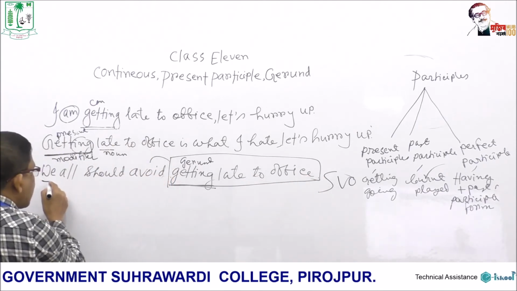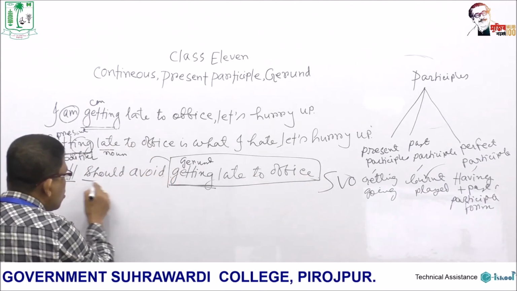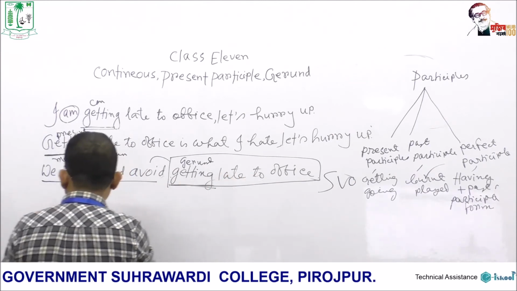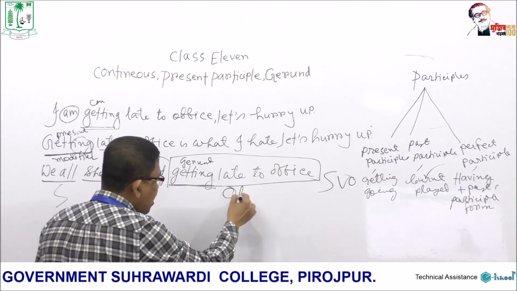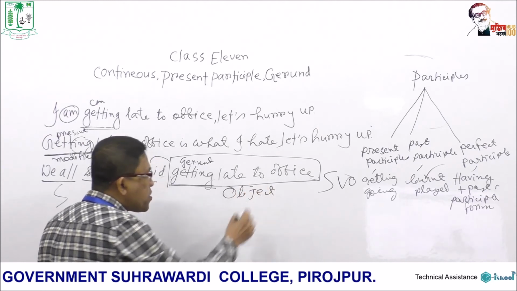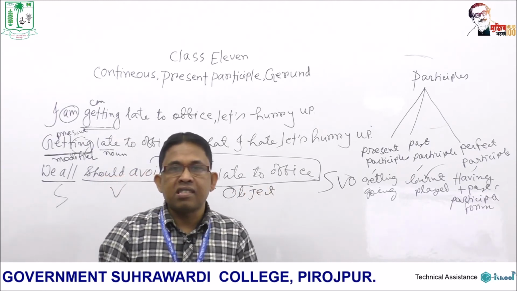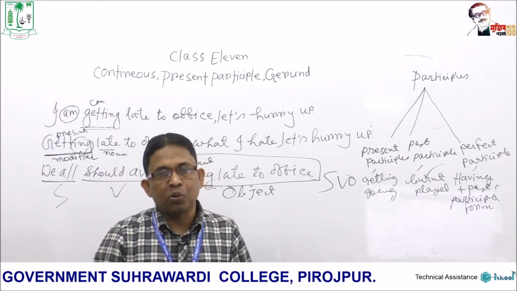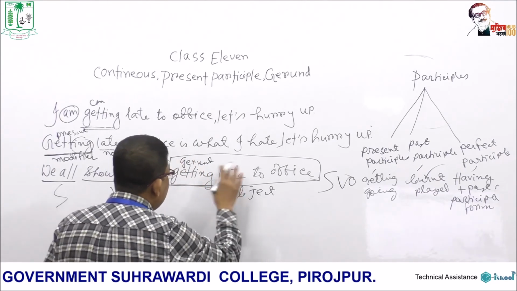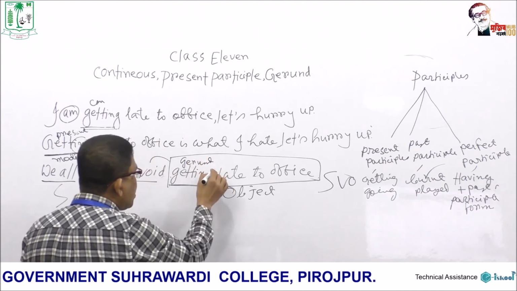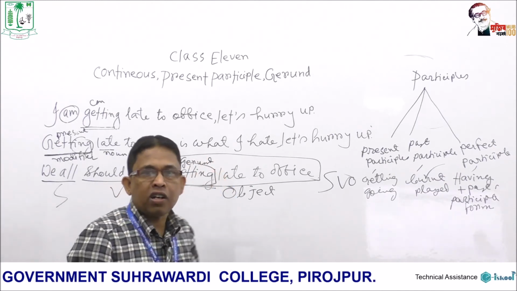That is, we all is the subject, should avoid is the verb, and then this is the object. And an object is always a noun or pronoun. So here getting is in the position of object, or noun.